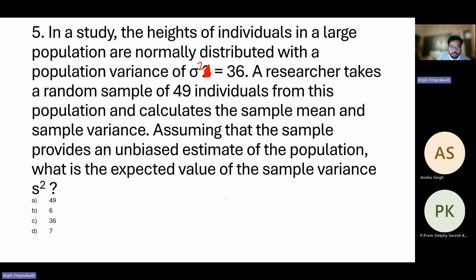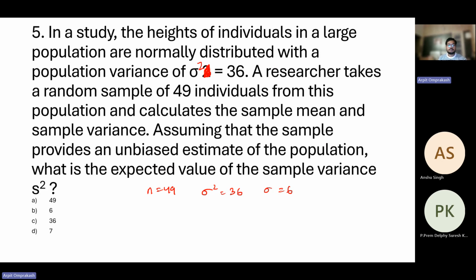So our sigma square is 36, sigma will be 6, and we have n equal to 49. The researcher calculates the sample mean and sample variance from the sample of 49 individuals.